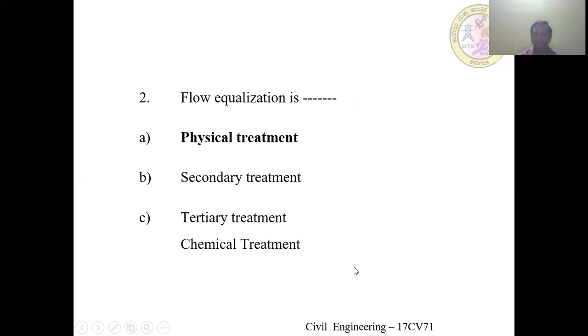Flow equalization is a physical treatment where we maintain the discharge to the next process.